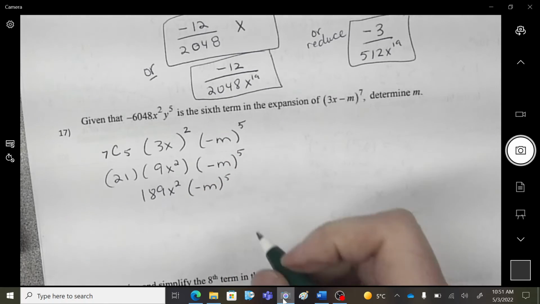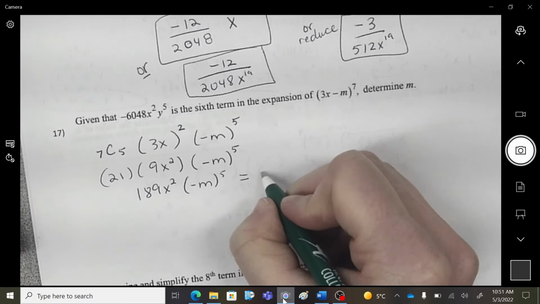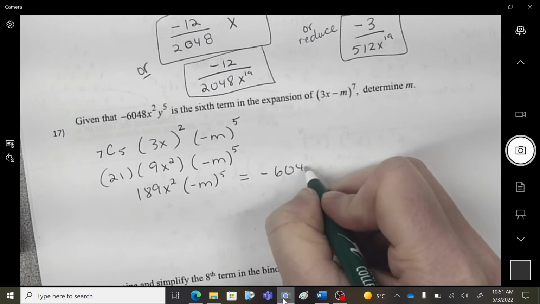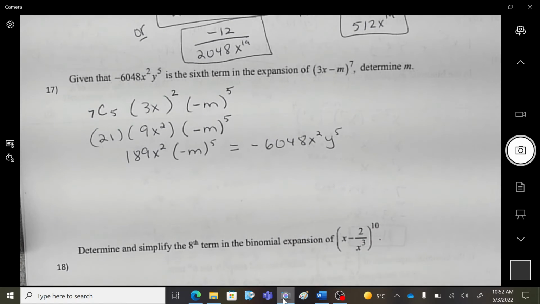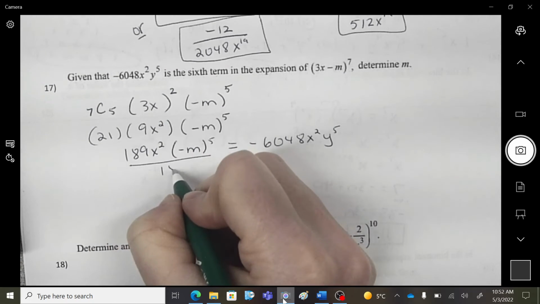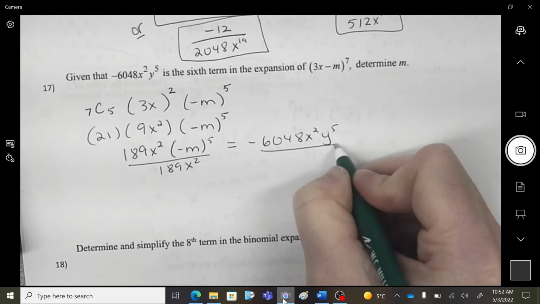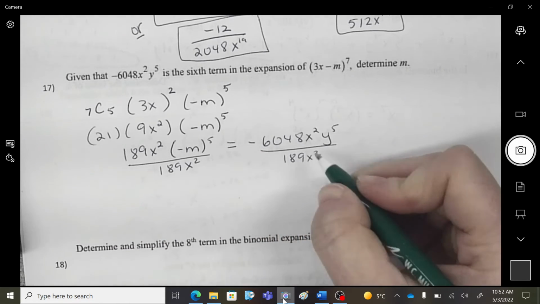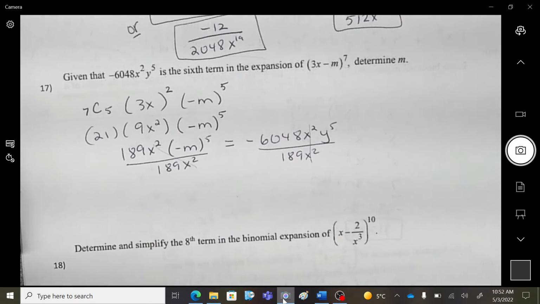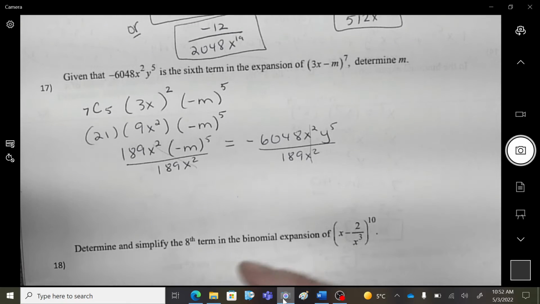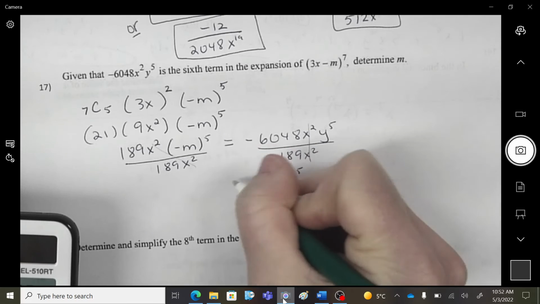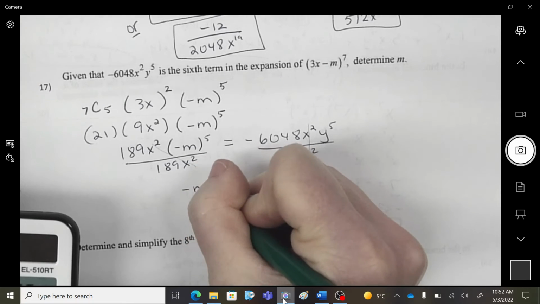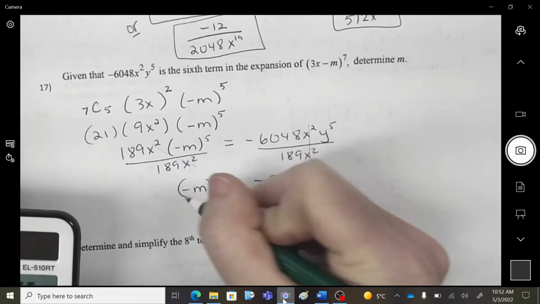Okay, so I need that to equal that. So I'm going to divide by 189x squared. So the x squareds would go away. So this would equal negative 32 y to the 5th equals negative m to the 5th.